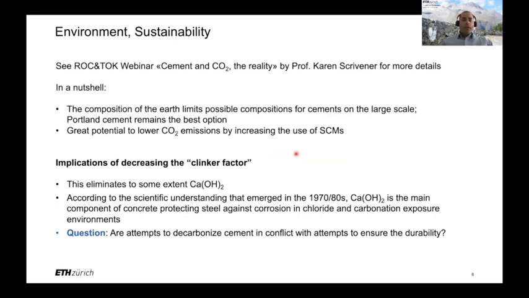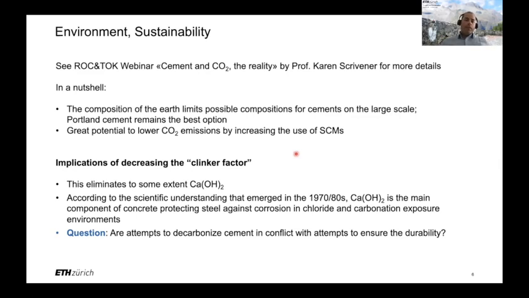So in a nutshell, in that webinar, it was stated that the composition of the earth limits possible compositions for cements on the large scale. So that means that Portland cement remains the best option as a basis. Great potential to lower CO2 emissions is by increasingly using different supplementary cementitious materials.